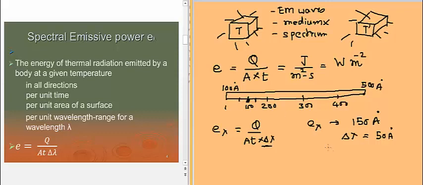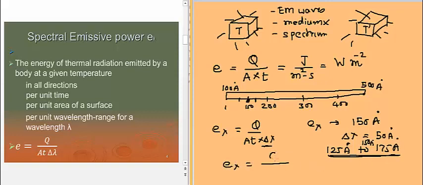So that range would be 125 angstroms to 175 angstroms, 25 angstrom on both sides. This is the wavelength range of 50 angstrom that I'm looking at, and my mean wavelength is 150 angstrom, and the radiant energy emitted between these wavelengths would give the E lambda.